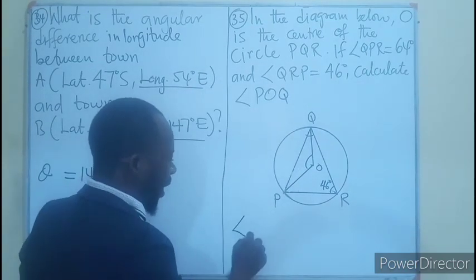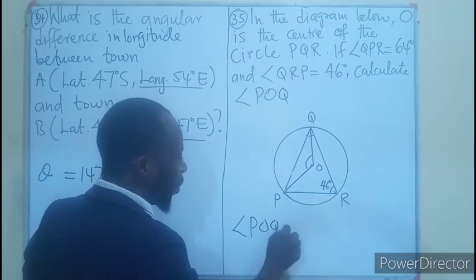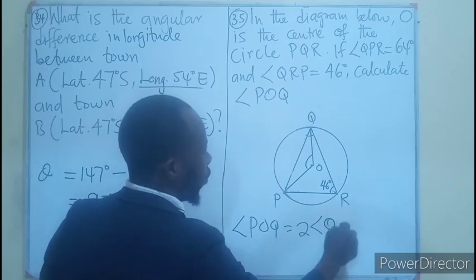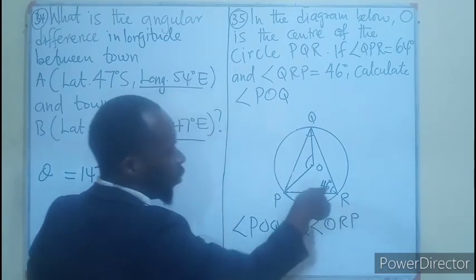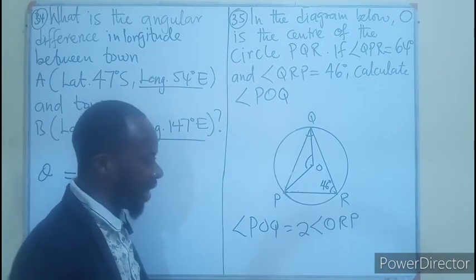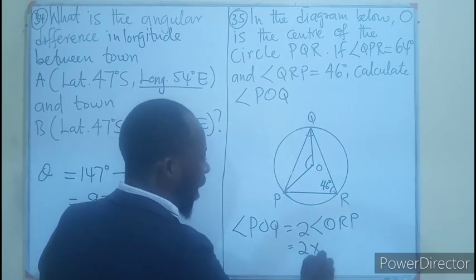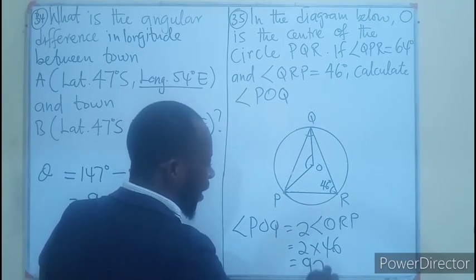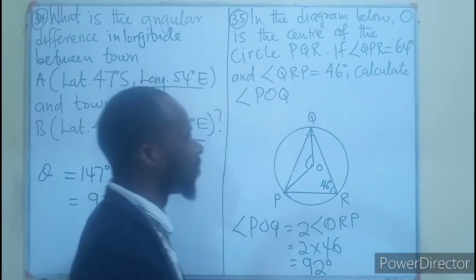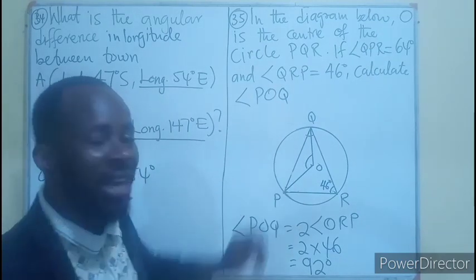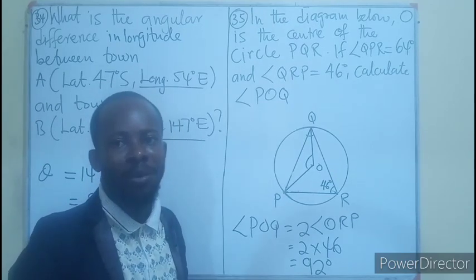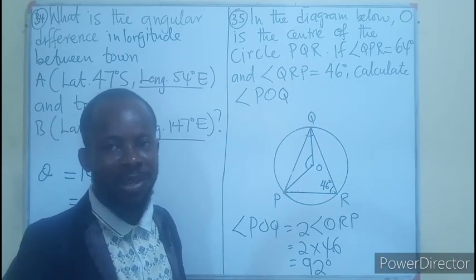So we know the angle POQ is just twice the angle QRP, which is the 46 we are seeing there. So that will be 2 times 46, which will be 92 degrees. So the angle we are looking for is 92 degrees, and that will be option C.